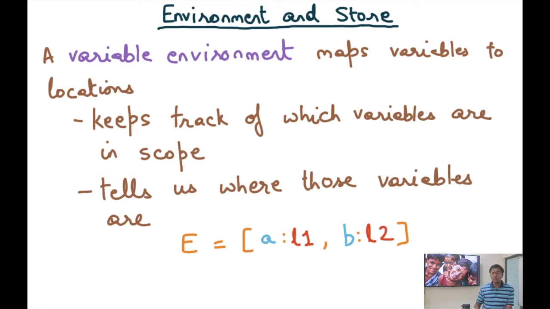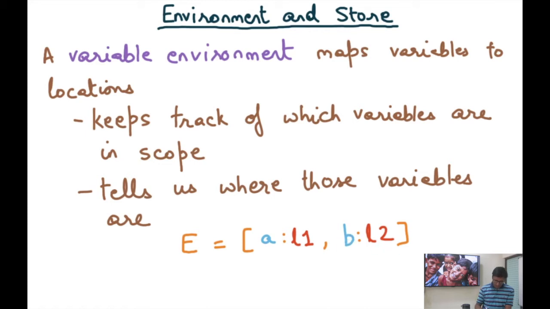A variable environment maps variables to locations and keeps track of the variables that are currently in scope. Only those variables are present in the environment which are in the current scope. For statically scoped languages, this is determined by what the static scoping rules say, so that's coming through scope resolution. It also tells us where those variables are. For example, one environment is E equals A mapping to L1 and B mapping to L2.